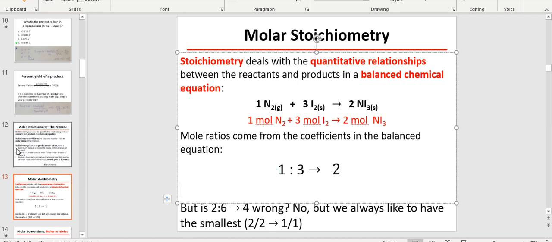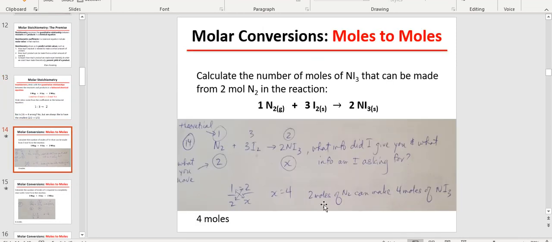All right, let's have a look. So calculate the number of moles of this guy here that can be made from 2 moles of nitrogen. So we want to know how much of this I can make if I give you 2 moles of this.